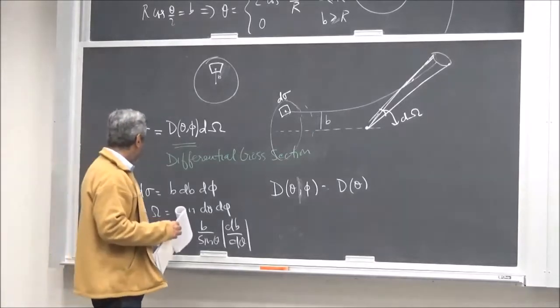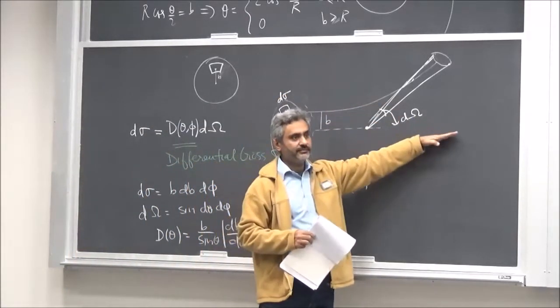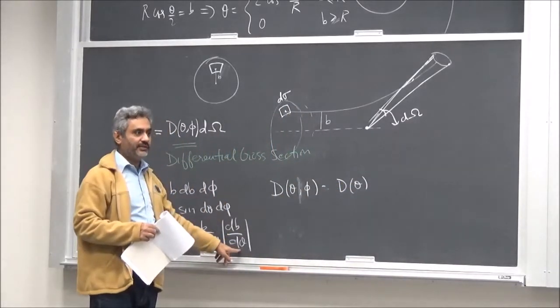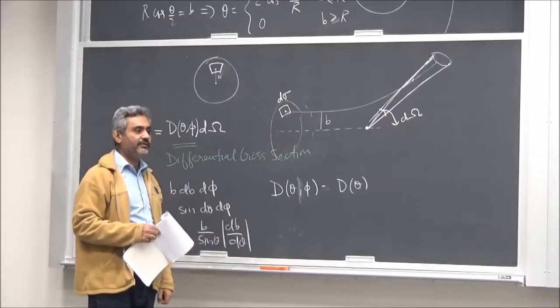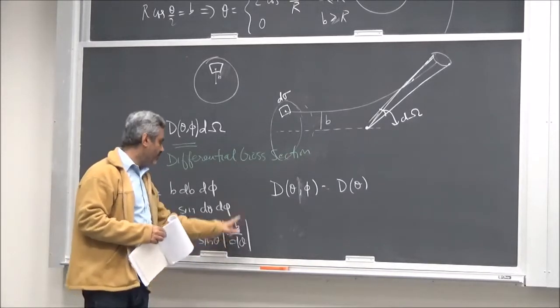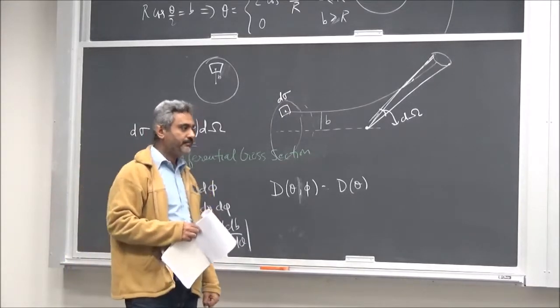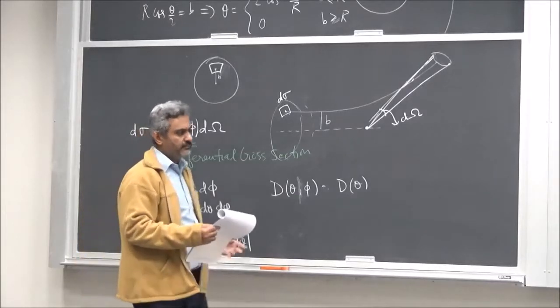This is because increasing b decreases theta. So b is a decreasing function of theta. Theta is a decreasing function of b. So dB by d theta will be negative. So the mod is kept so that this is always positive. So we don't want this to be negative. So what?